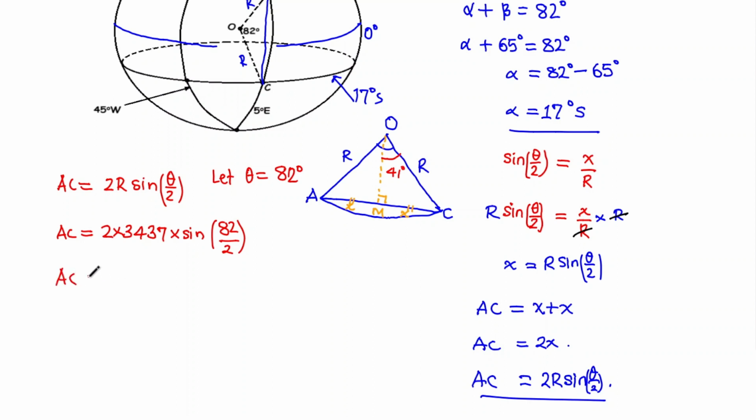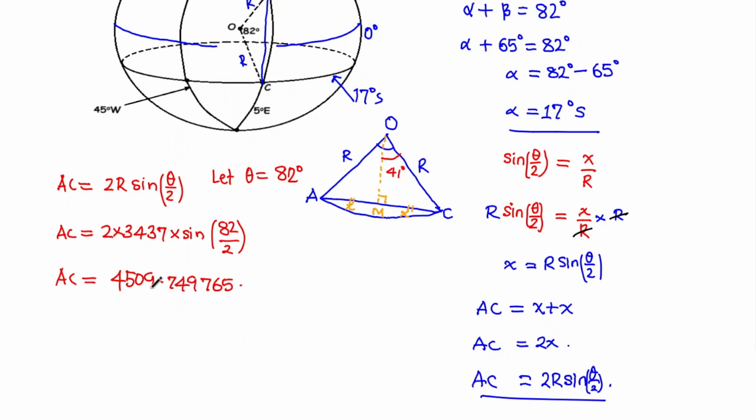Now we have our AC is the same as, let us have this multiplied, 2 times 3437 times sine of 41, and this brings for us 4,509.765.